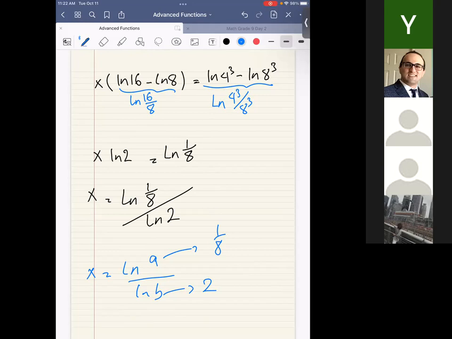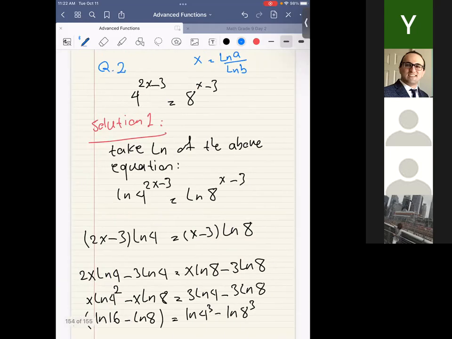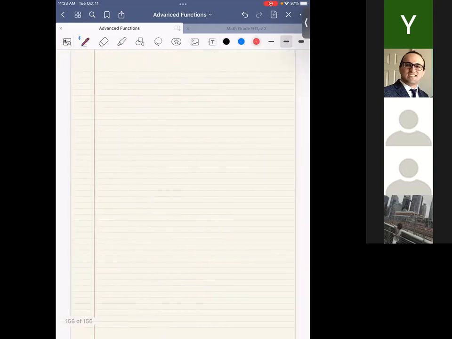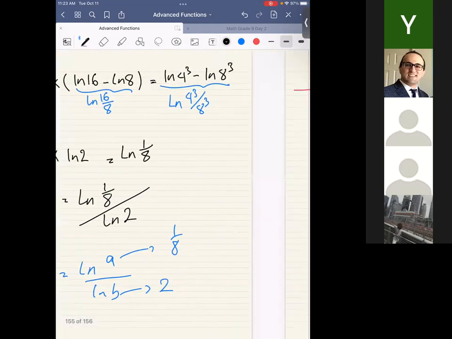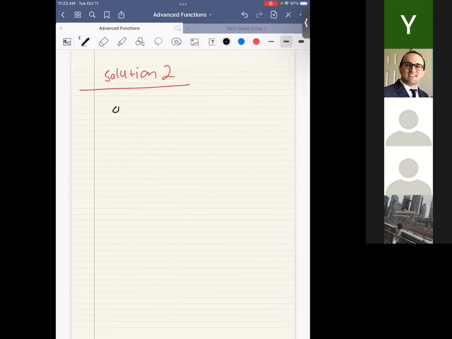Here we try to write the answer in this format. But as I said, solving the equation is another problem. You can solve the equation without necessarily writing it in that format. So let's just solve the equation, which is 4 to the power 2x minus 3 is equal to 8 to the power x minus 3.